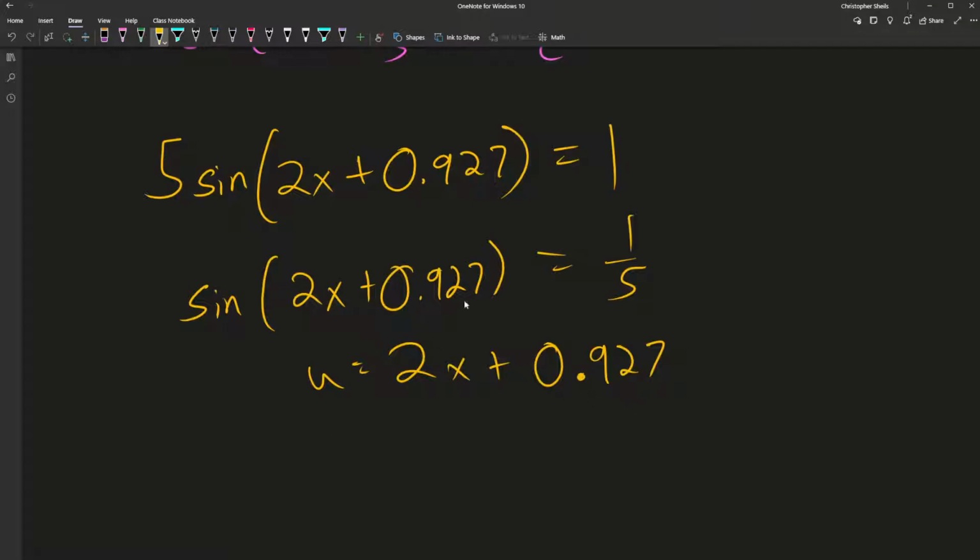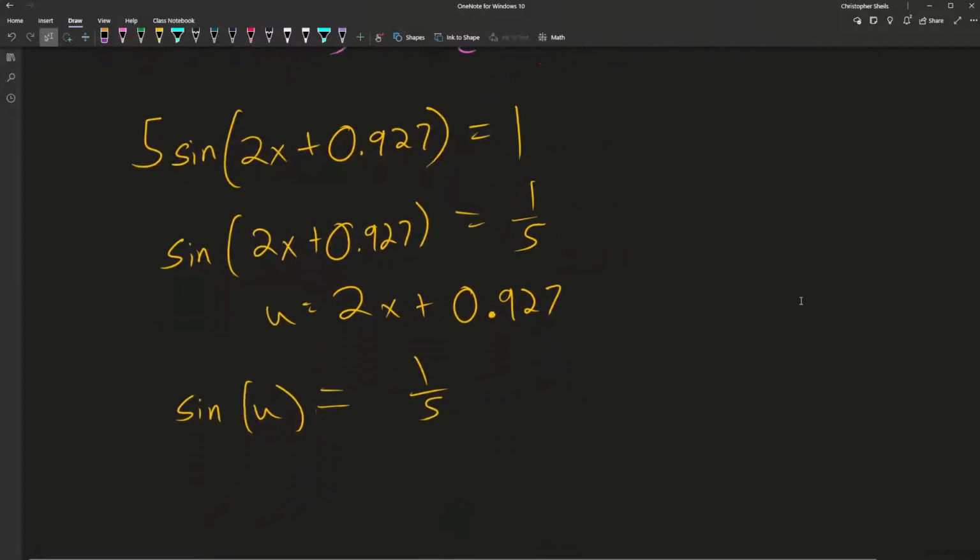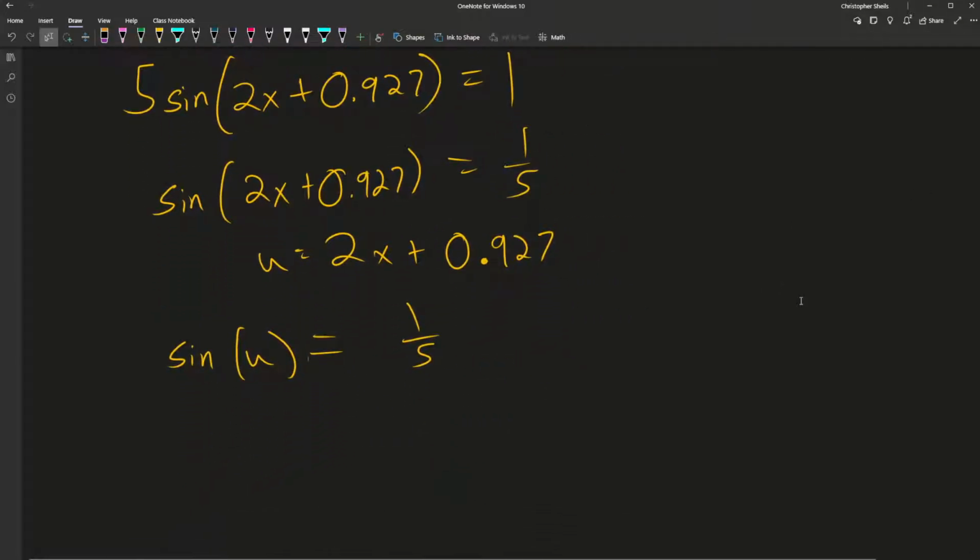Let's let u equal the stuff on the inside of the function. So this becomes sine of u equals 1/5. Sometimes we can make mistakes if we don't make a substitution like this. We can subtract or divide stuff too early, basically. So solving for u, this is arc sine of 1/5.